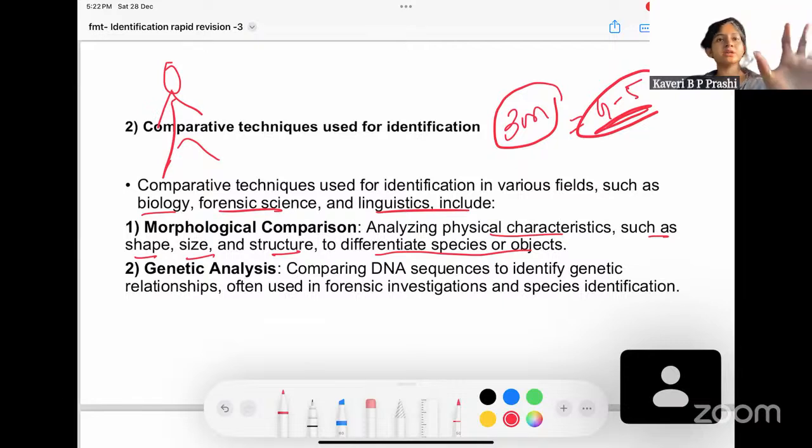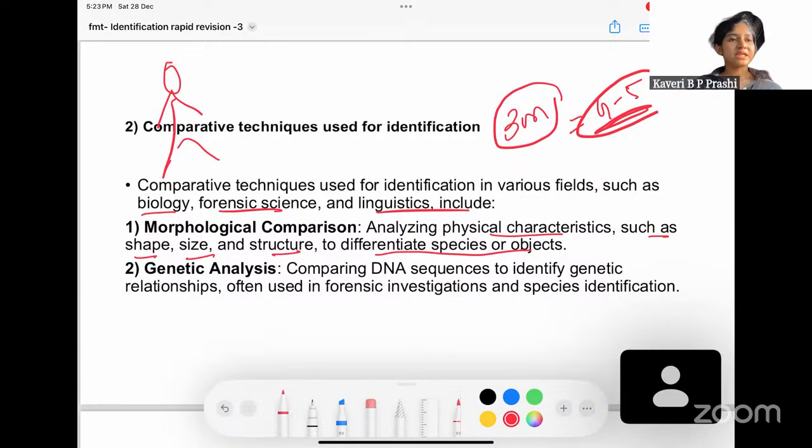When you look at a monkey, it looks in a certain way. If you look at an animal like an elephant, you know how it looks morphologically, you're very aware of the external features. So by looking at the external features, the shape, size, or structure, if you're able to differentiate, that is nothing but morphological comparison.